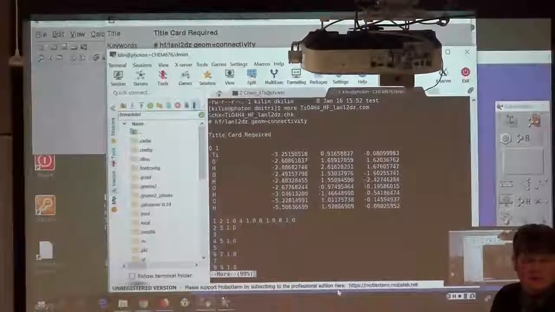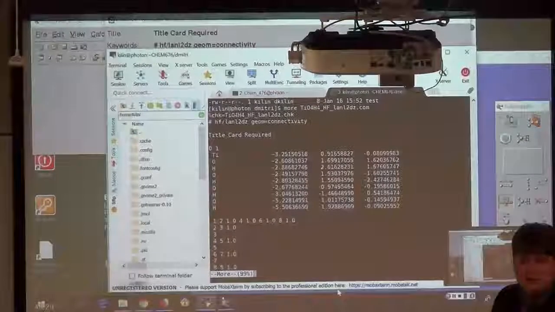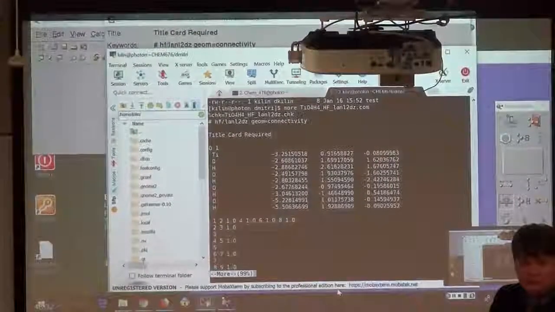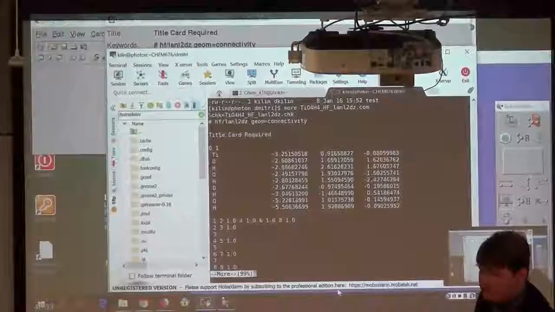We made the titanium oxide. You expected to do it? Let me circle around and make sure that everyone has it.